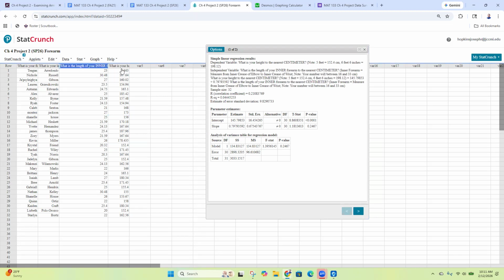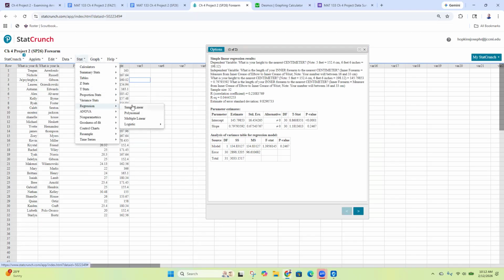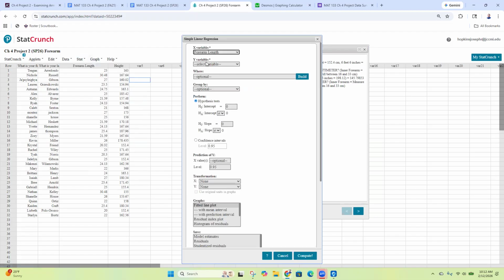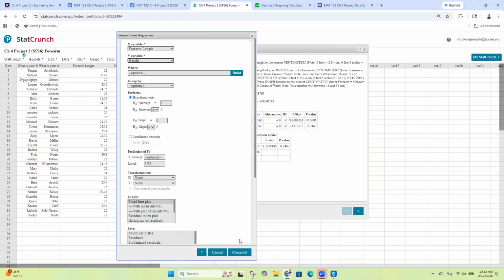It'll be a lot easier if I change this to just say forearm length and height, and I'll just rerun this. Stat, regression, simple linear. This is going to make it easier to read if I change my titles.